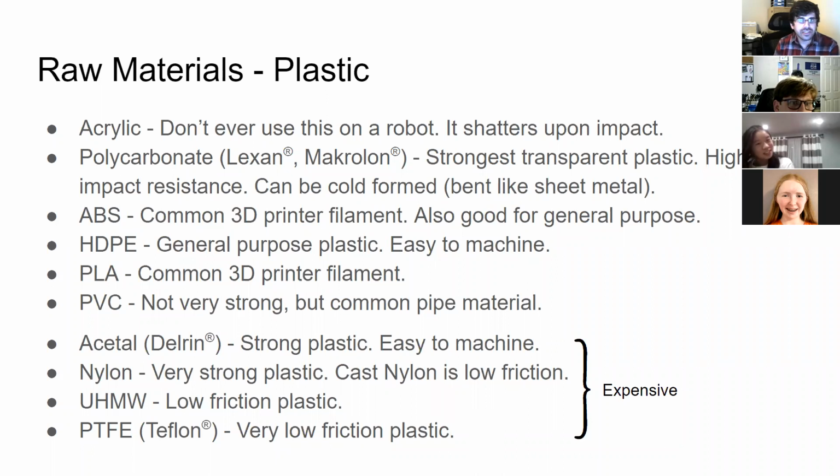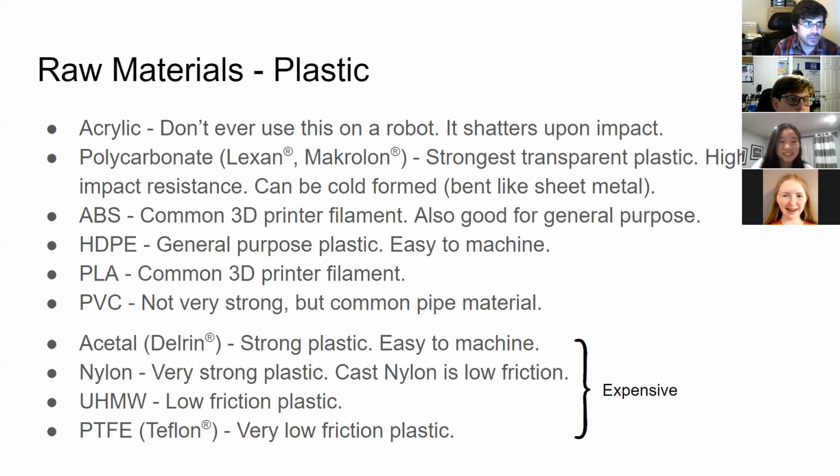All right. So the other plastics we use, this is a very comprehensive list of plastics we have in our shop almost at all times. Polycarbonate. We love it because it is very impact resistant. It's transparent, so that's fun.